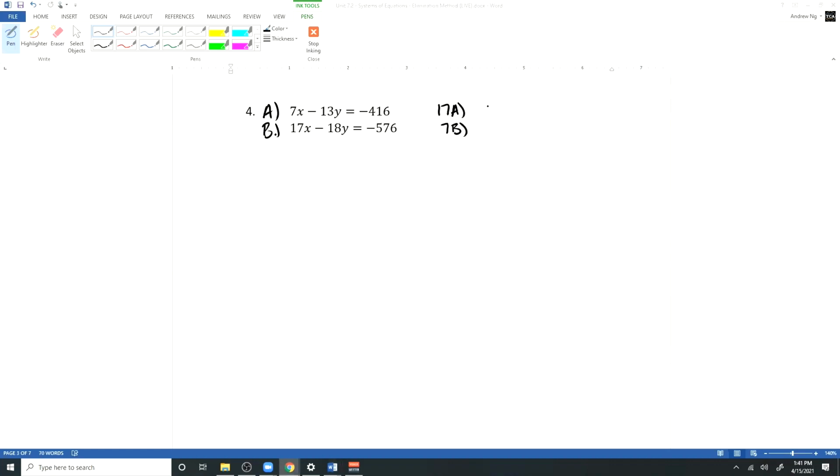It'll be 119x, and negative 13 times 17 is going to be negative 221, so minus 221y.